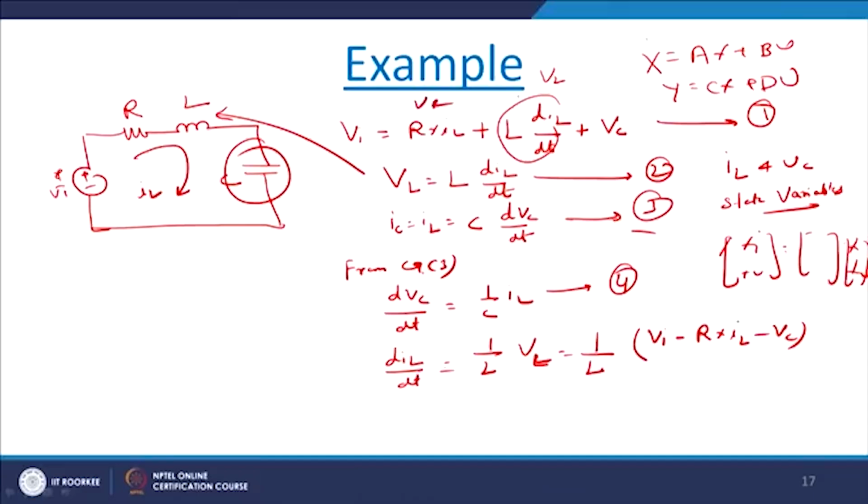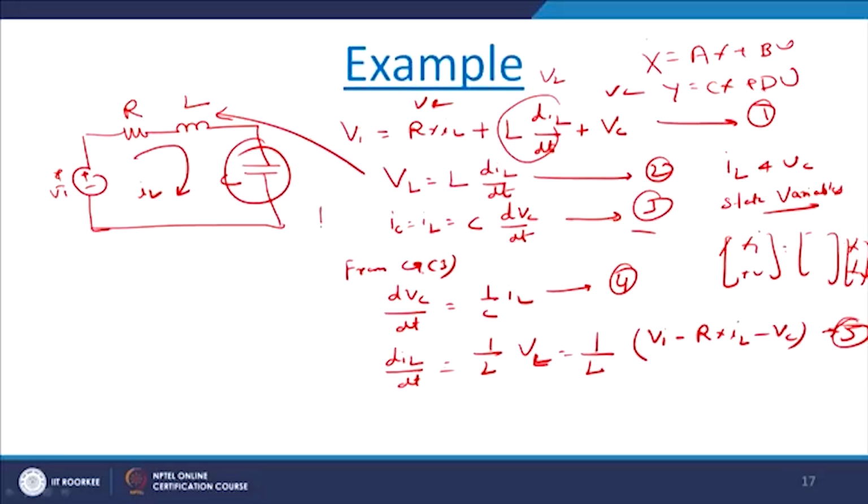Because here we have got VL and our state is in terms of VC and IL, so we want VC. That is why we make an adjustment like this to the original differential equation. This is VI, VR, VL and VC. So VL we write in terms of VI, R into IL and VC. So now this is equation number 5.